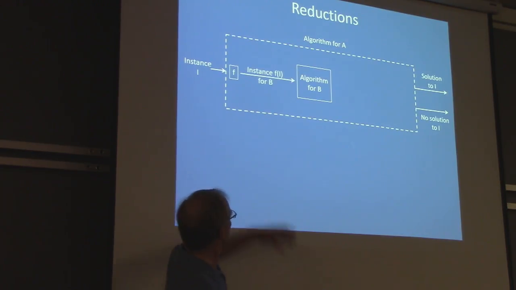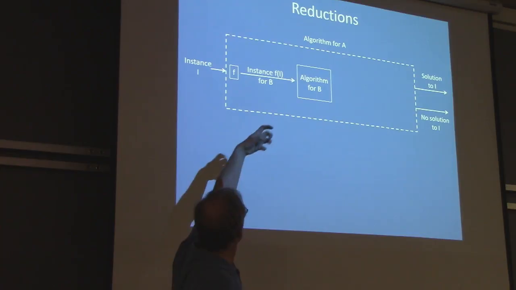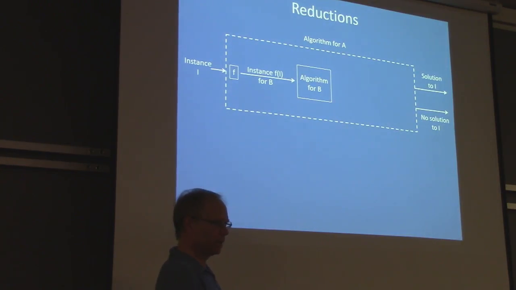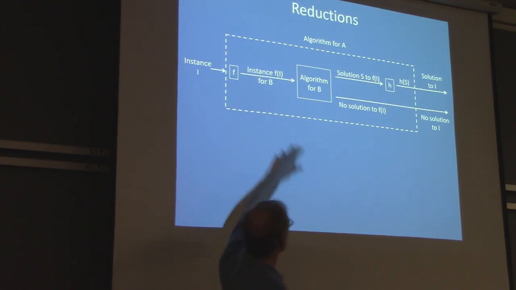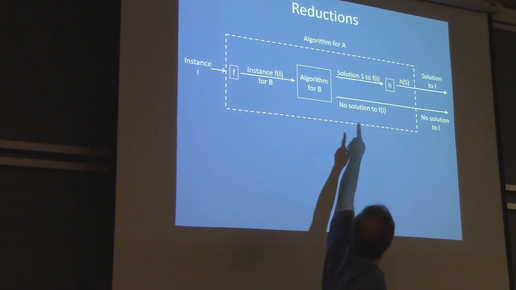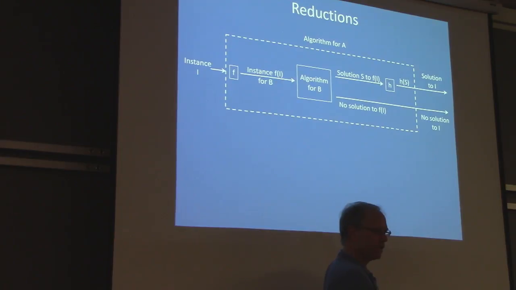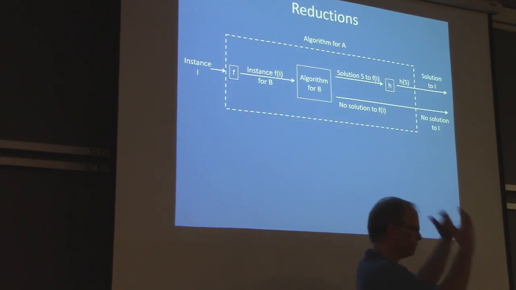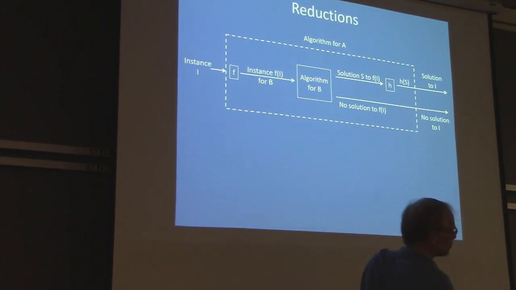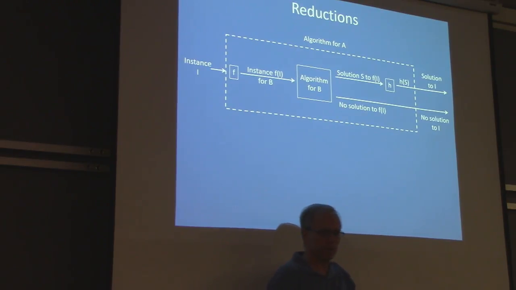Yeah. So you take the input that's intended for A, you pass it through F. That's just what we're calling it. F transforms the input into input suitable for B. And then maybe the output that B produces isn't exactly in the right form. And so when we get a solution to B, we run it through H. And that turns the output that was meant to be produced for B into output that's suitable for A. Okay?